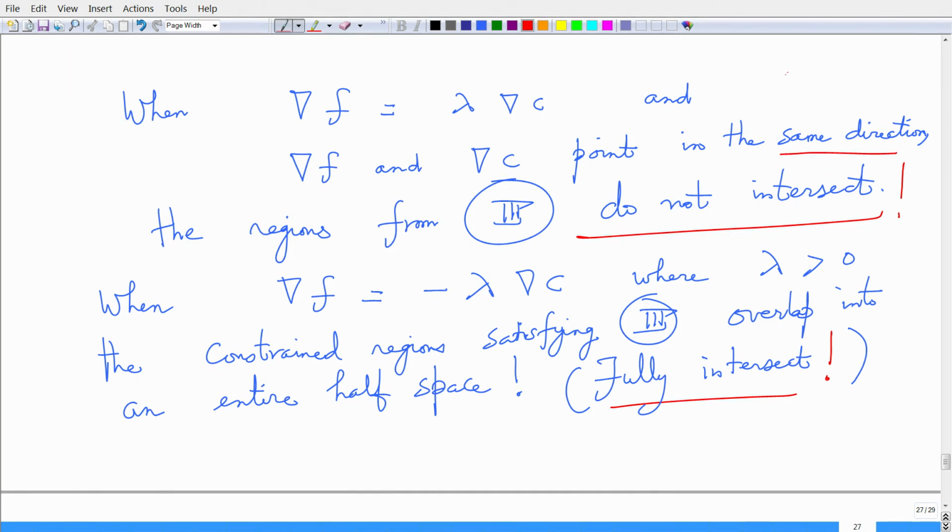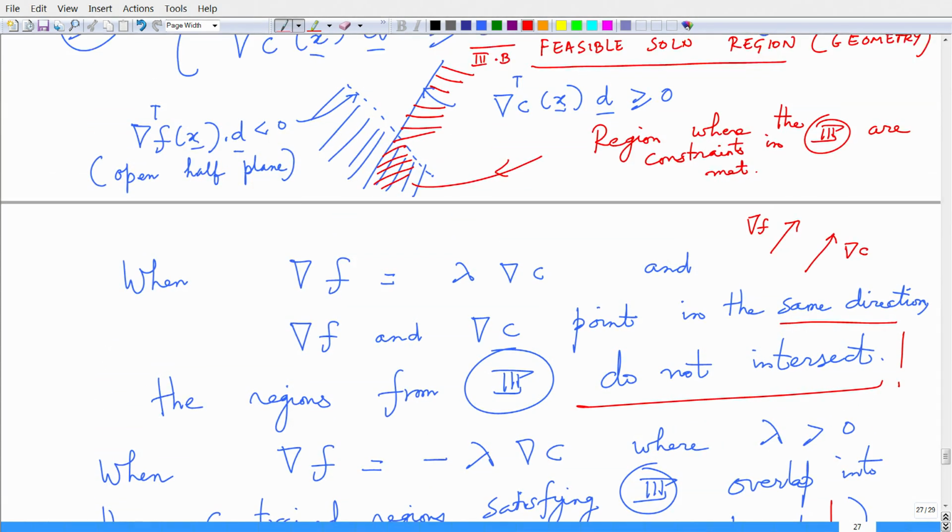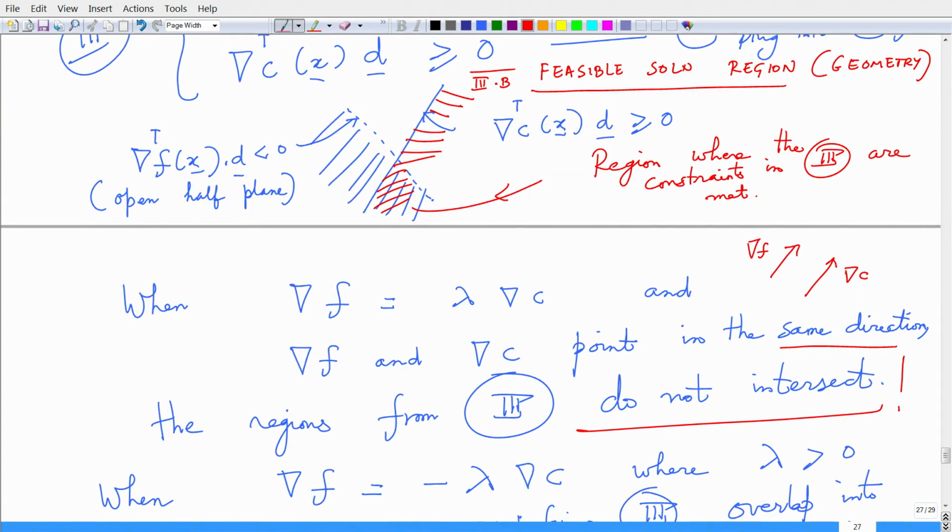That means del f is pointing like this, del c, assume this is parallel. So, this is del f, this is del c, and they are pointing in the same direction. So, as long as del f and del c point in the same direction, the regions from 3 do not intersect. So, can you see how this happens?